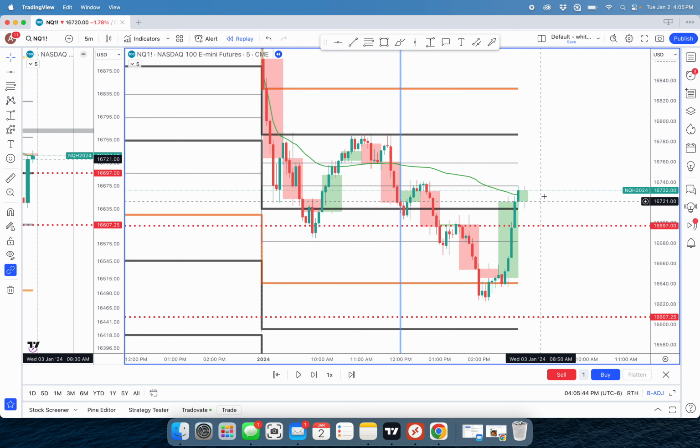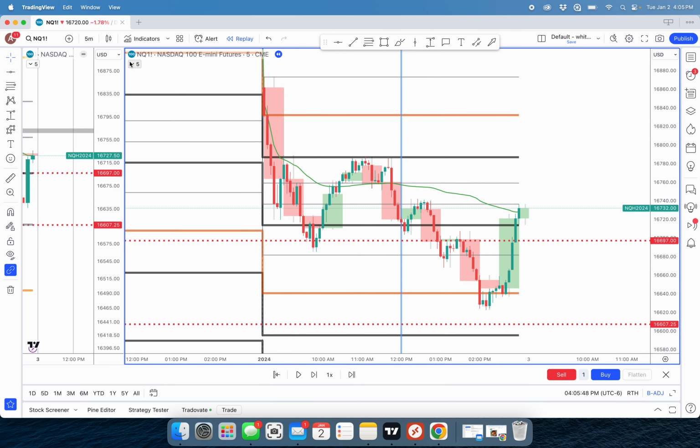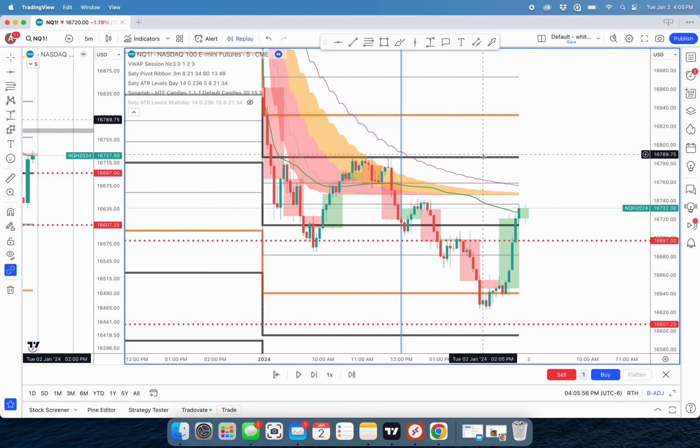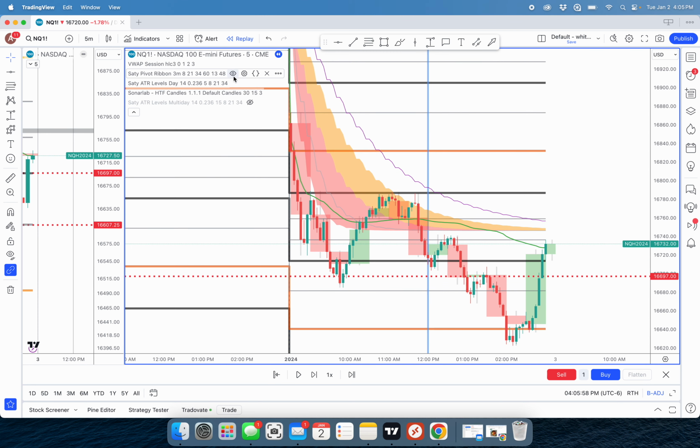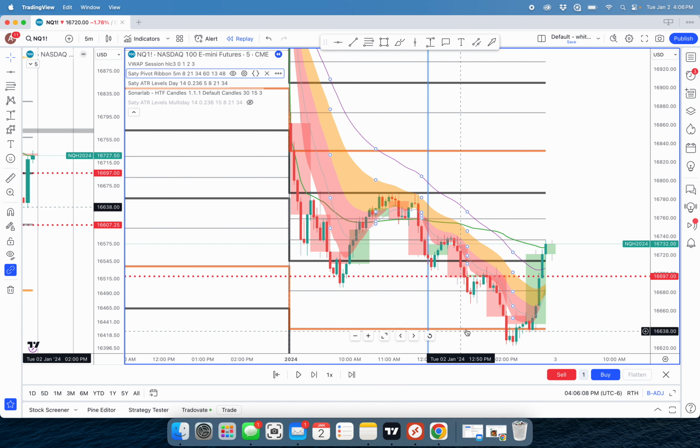So other than that, there's another thing I'm trying to look into, which is the SATI ATR ribbons. And so if you can tell, the pivot ribbon, well, that was not supposed to be like that. Let's see. That's a 3-minute. You want to do a, I think it was a 5-minute, because I'm using a 5-minute candle, right?